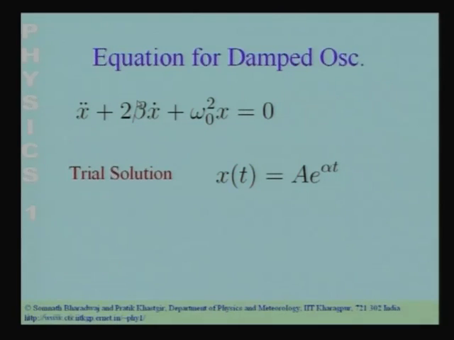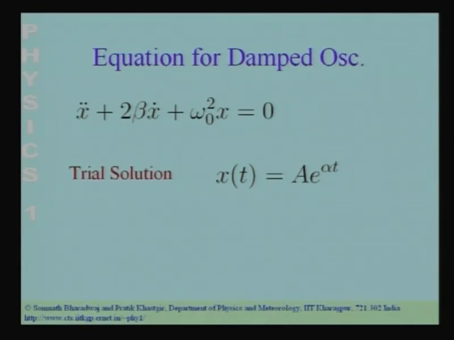So, the method to solve such second order homogeneous differential equations is to consider such a trial solution which is an exponential of time, and the exponential has an unknown coefficient alpha which will be determined from the differential equation. So, you have to now put this trial solution into this differential equation. Let me do the steps involved on the paper over here.